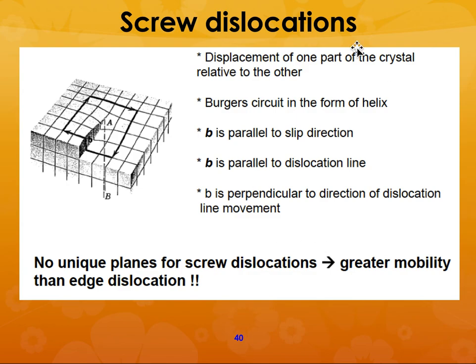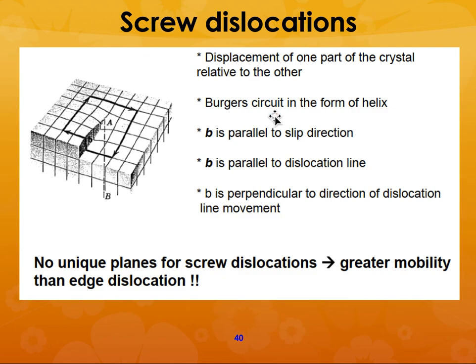You can also have what are called screw dislocations. They are different from the edge dislocations, and they are not exactly in the plane of the atoms. They are kind of in a dip or valley. So you have sheared the plane of atoms one on top of another, like opening up a bottle.